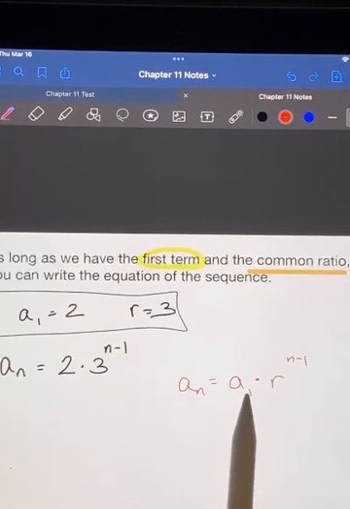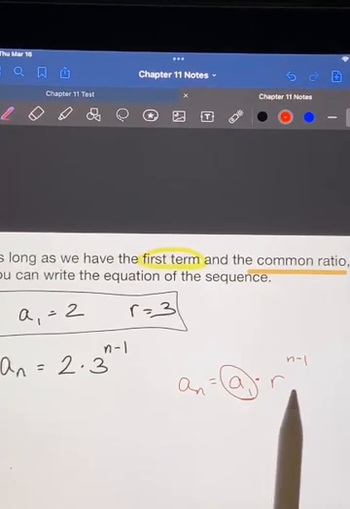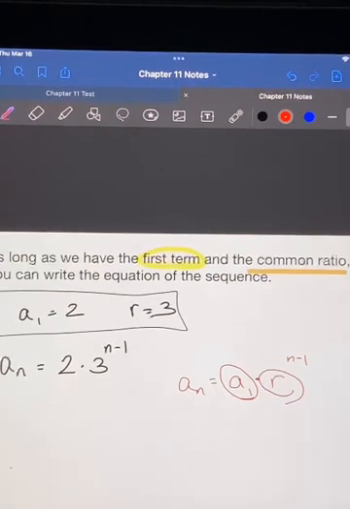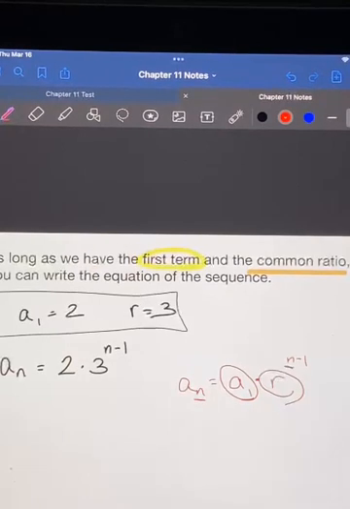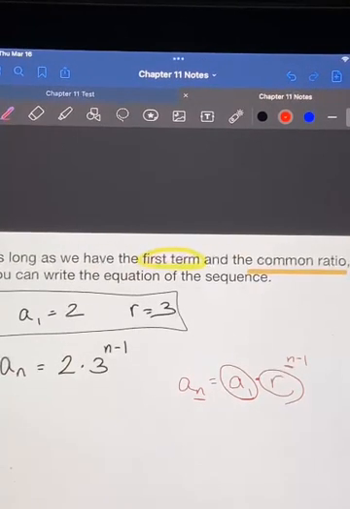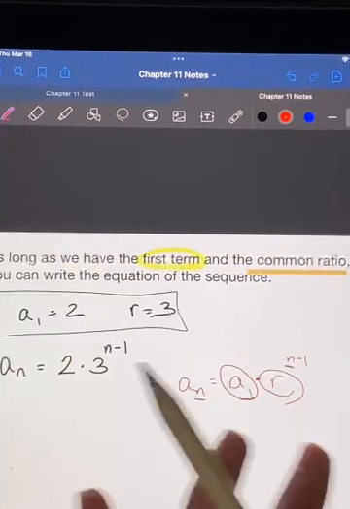So when we have our first term and our common ratio, then we can rewrite our equation of our sequence, because our unknown n is the only unknown left in our sequence equation.